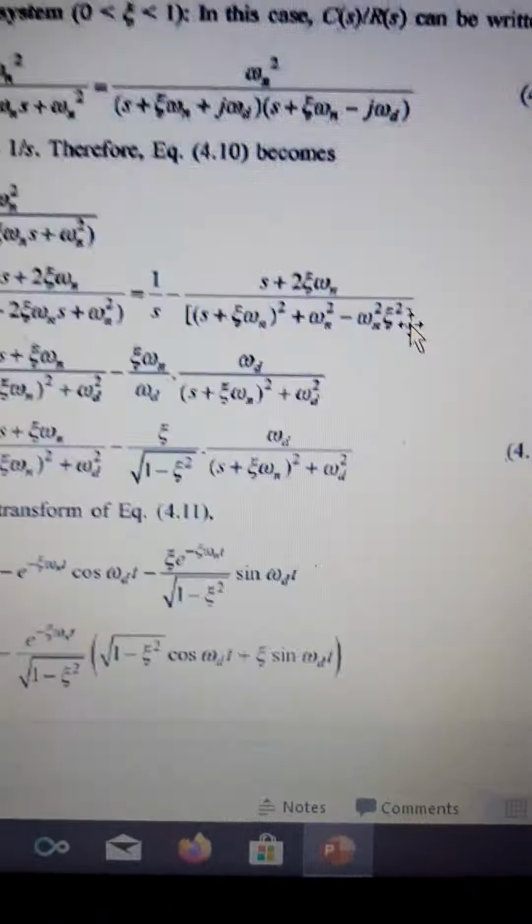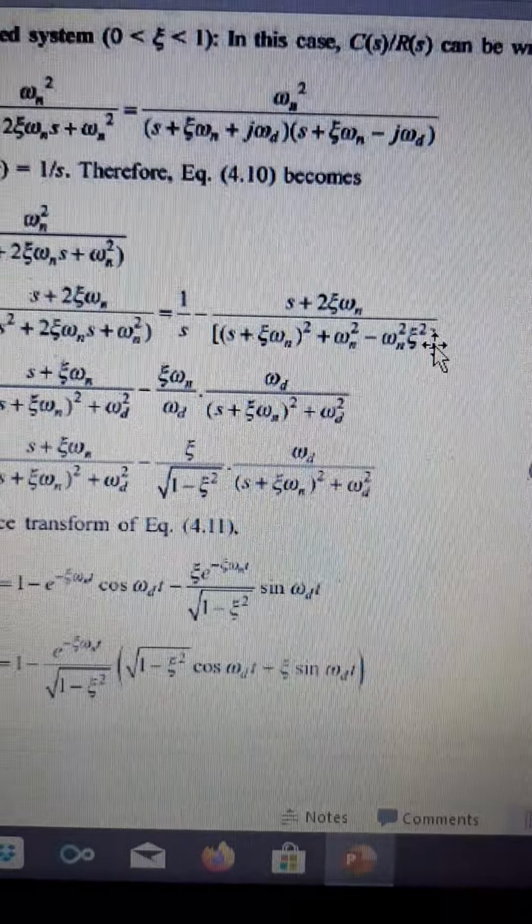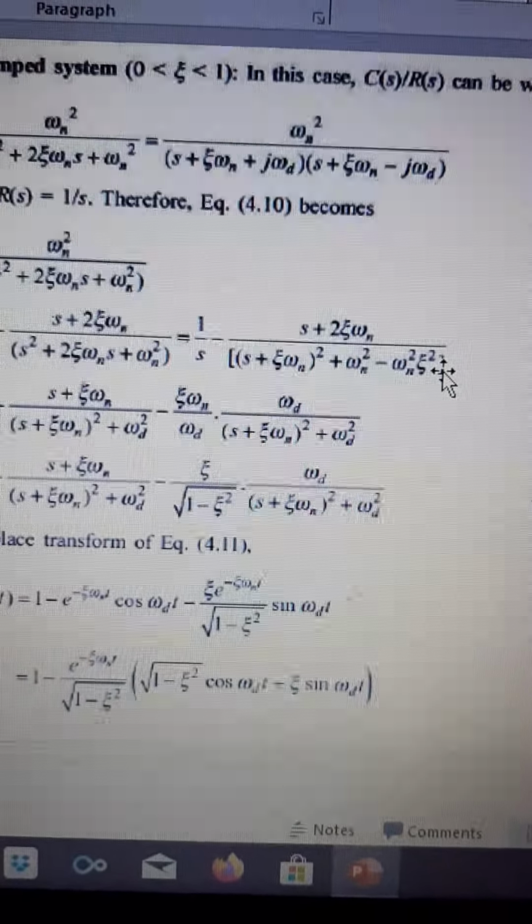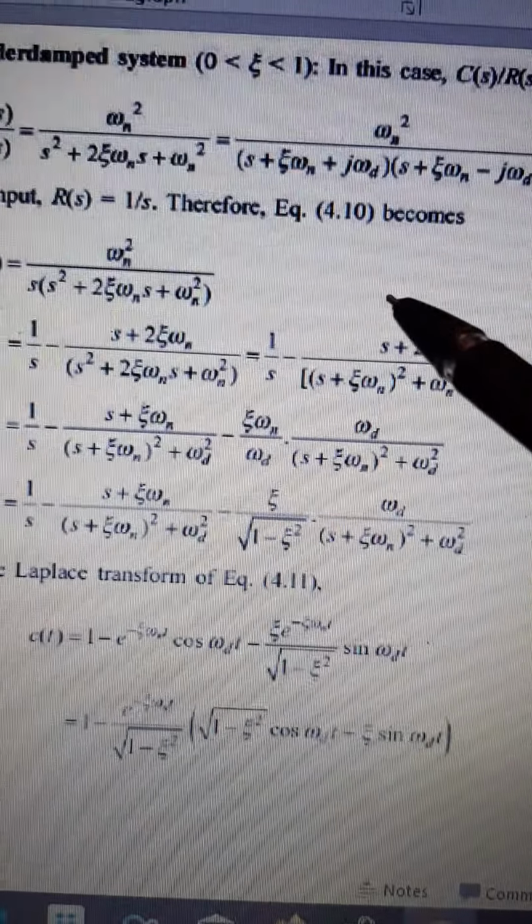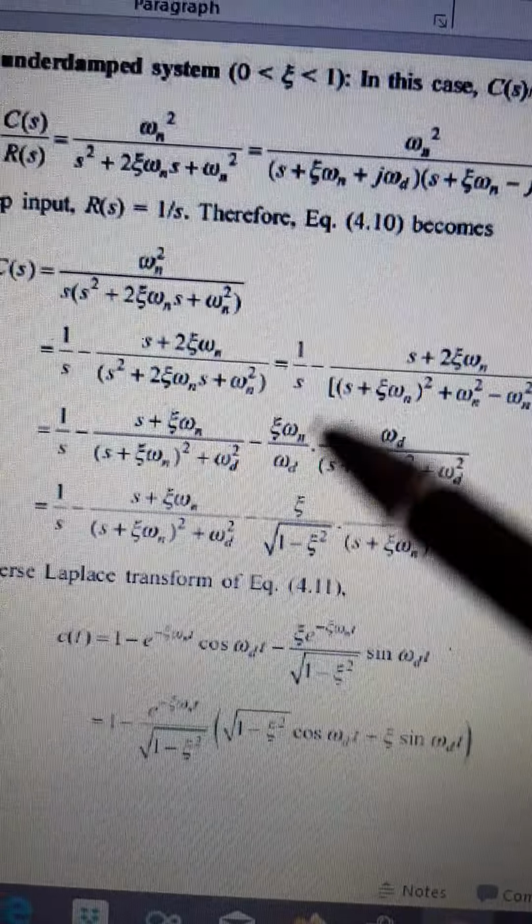So the above expression becomes 1 by s minus this expression. All of you concentrate on this. First you will write this, then we will come to this.